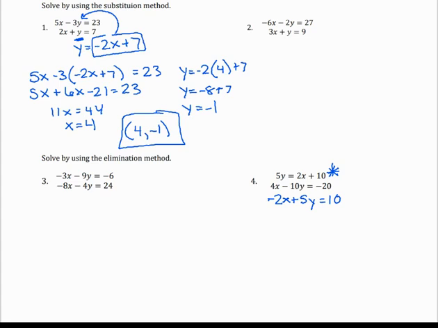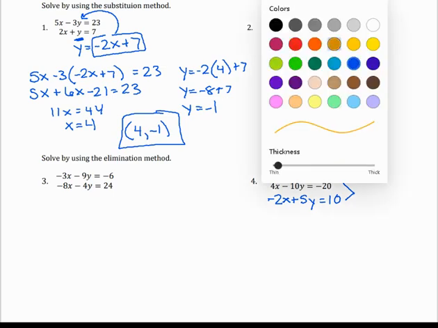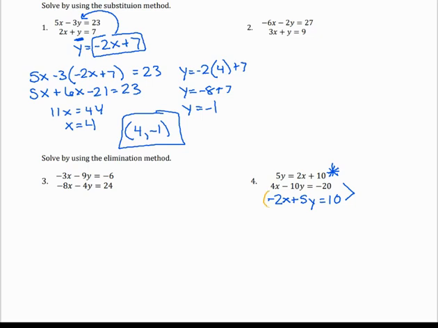Once we're at this point, we're trying to eliminate a variable. So I want to be able to add our 2 equations here together to have a variable cancel. What that means is that we need to have a pair of opposite coefficients. So to get a pair of opposite coefficients, I'm going to focus on the x's. And I'm going to say, okay, I need to multiply that second equation, that negative 2x plus 5y, by 2.